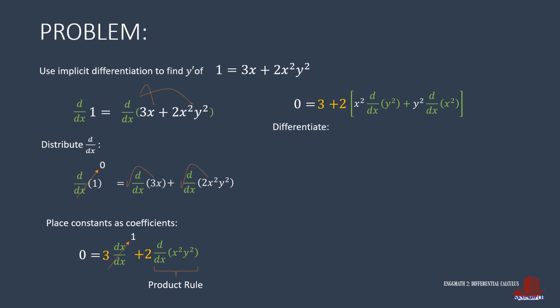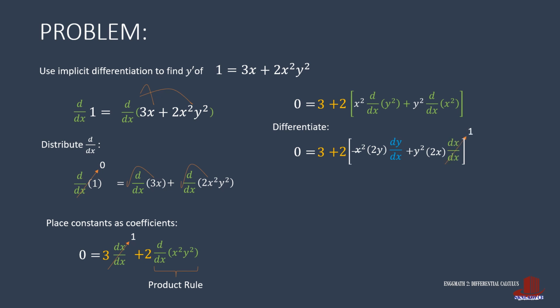Differentiate the terms within and have 0 as equal to 3 plus twice of x squared times the derivative of y squared, which is 2y, with dy over dx. The second term has y squared with the derivative of x squared, which is 2x, times dx over dx.